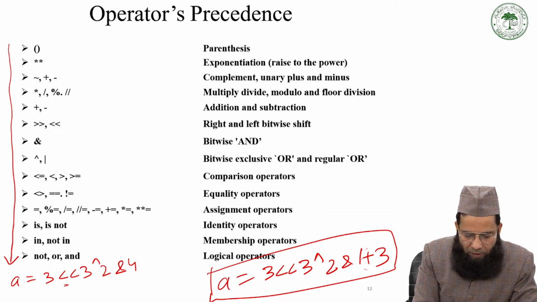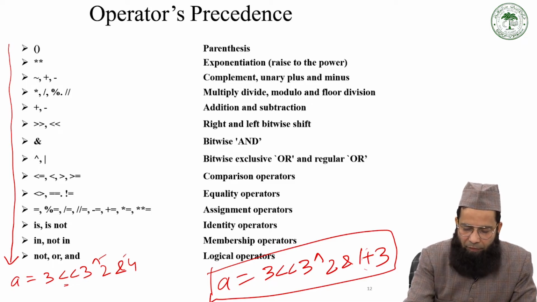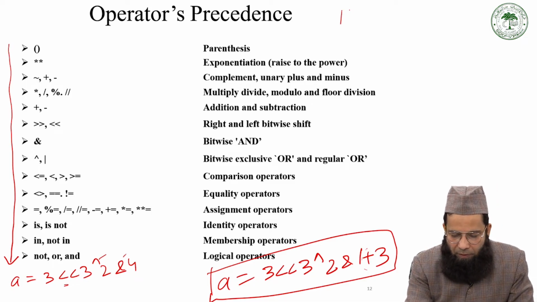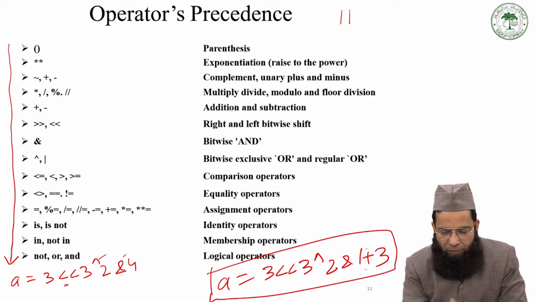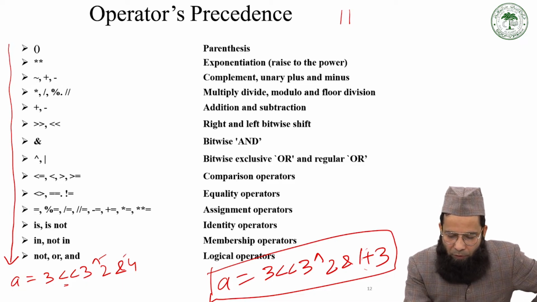Now we can observe that the left shift operator has higher precedence as compared to XOR and bitwise AND. So the left shift operator would work first in this case. Left shift means you have 3, and you need to left shift 3 times: 1 1 0, 1 1 0 0, and then 1 1 0 0 0.